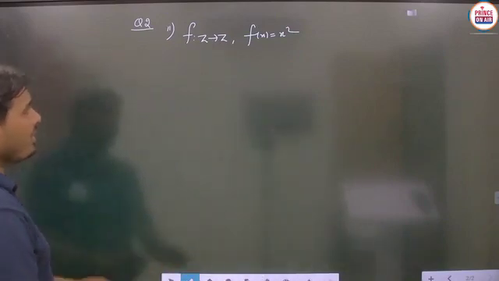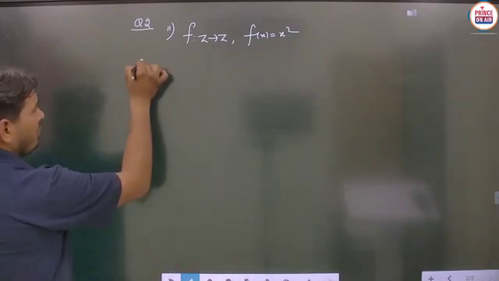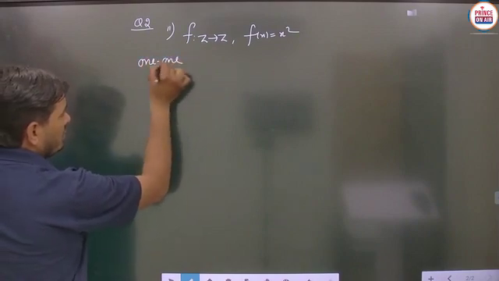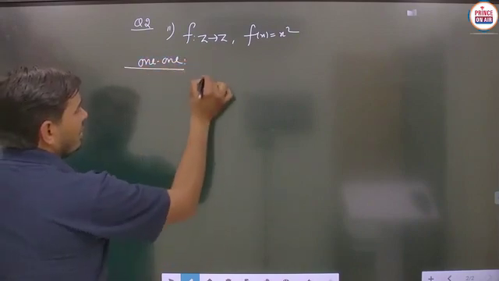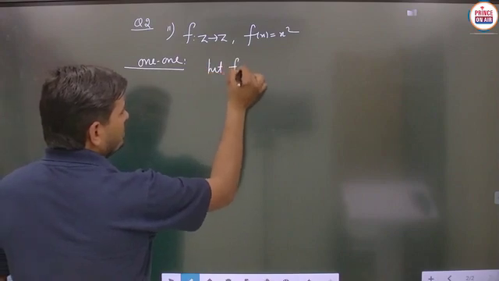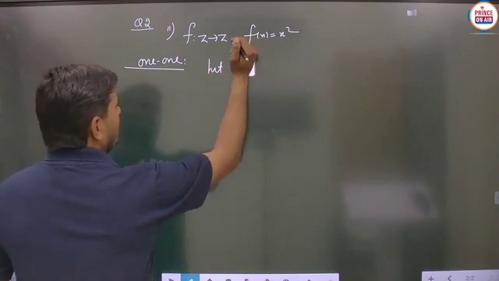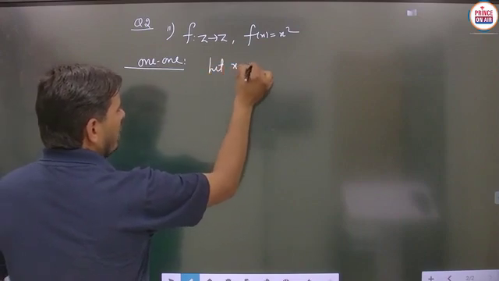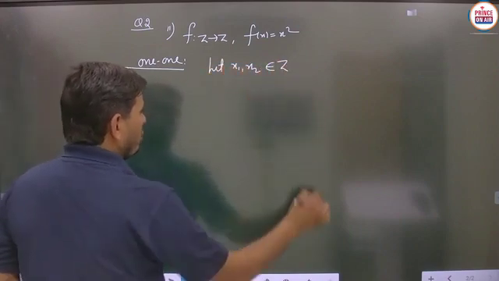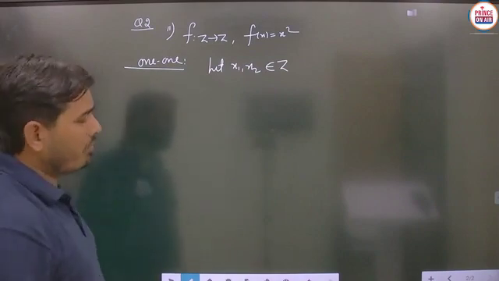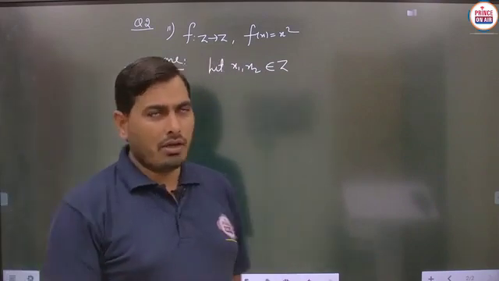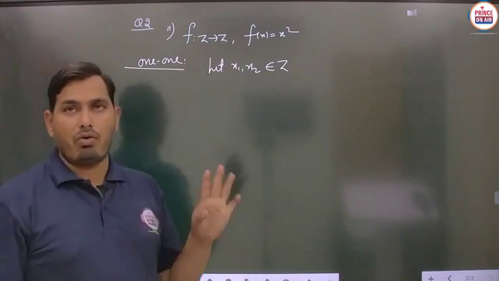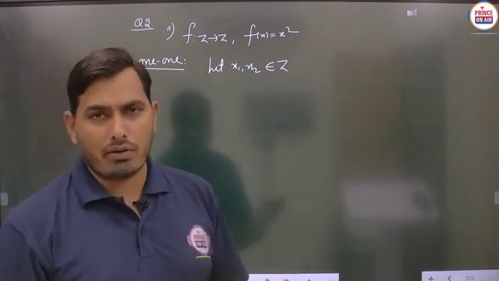So basically, student, we have to check the 1-1 case. Let x1 comma x2 belong to the set of integers, and this will be the domain. Is it to be clear? Here both the domain and codomain are the same, but always, student, for the 1-1 case we have to take the particular elements from the domain.